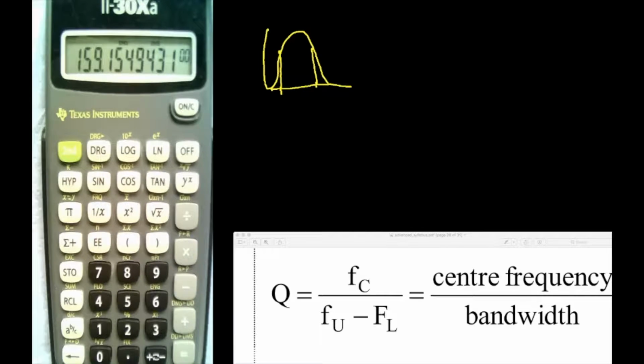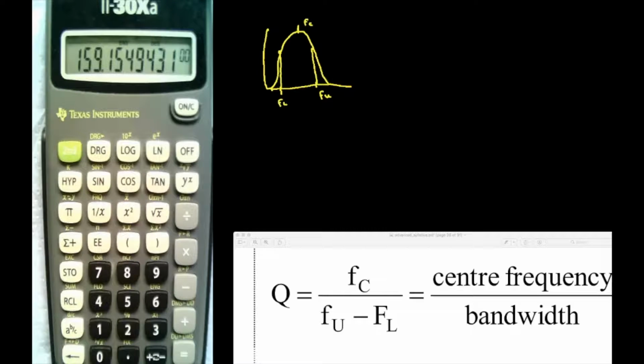There's a center frequency there, which they've marked FC. And then we've got F upper and F lower. And I think on the sheet there, the capital F is a mistake. I don't think they meant to do that. So don't read any significance into the fact that it's small f minus capital F. I think that's just a typo on the syllabus there.